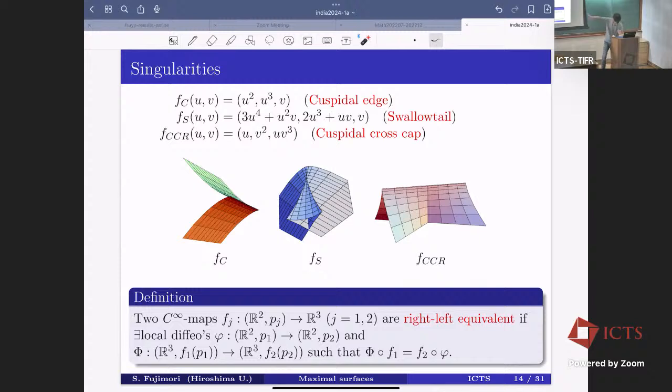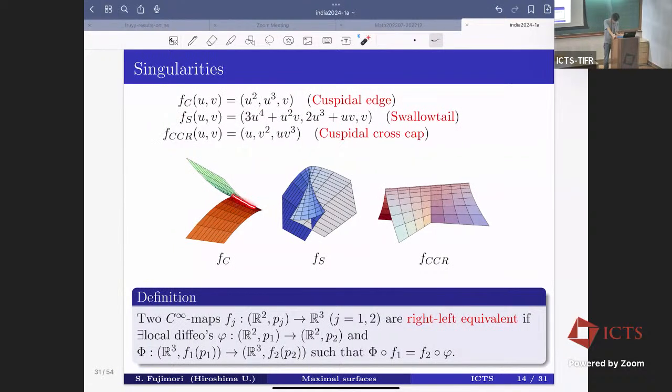So these three are very fundamental singularities. These are not maximal surfaces. This is just a surface in R3, and I don't know the curvature. But okay, this is defined if we take this surface.